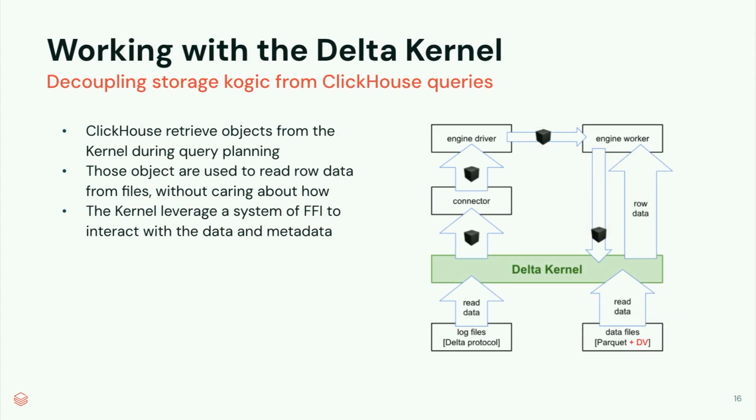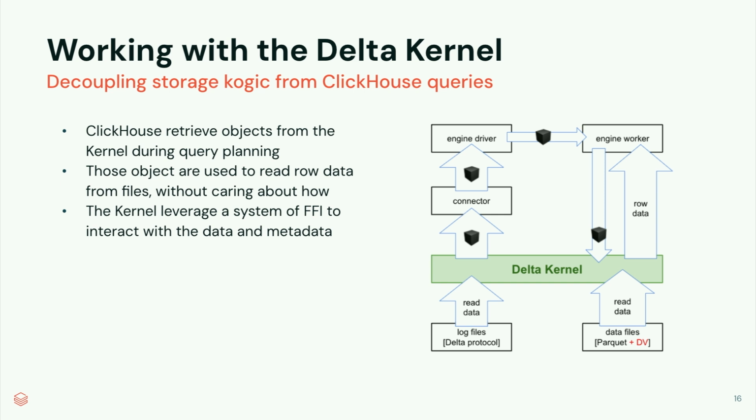Using the Delta Kernel, we can pass to it our own Parquet reader and our own JSON reader, and the Delta Kernel is going to leverage these readers to process the Delta protocol, and it just gives us objects that we need to iterate on to get the correct rows that we are querying.